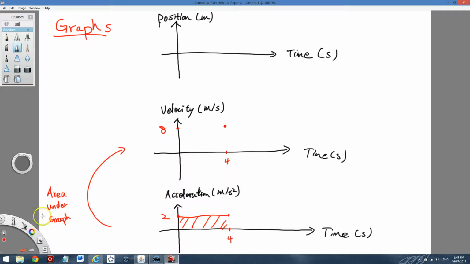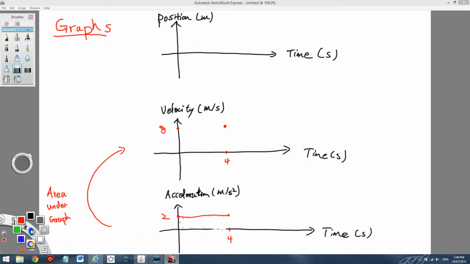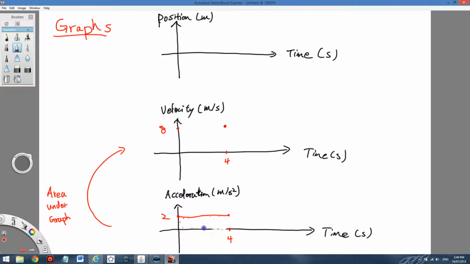Okay. Now, if you want to try something else, say I give you another example. Let's look at 2 seconds. At time equals 2 seconds, the area under this graph will be 2 times 2, which is 4.